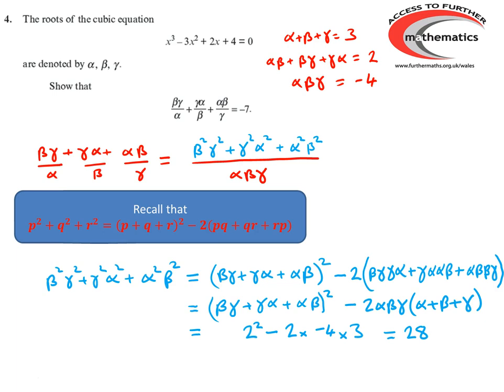So beta squared gamma squared plus gamma squared alpha squared plus alpha squared beta squared is the same thing as 28. So I've got 28 divided by minus 4 equals minus 7 for the value of beta gamma over alpha plus gamma alpha over beta plus alpha beta over gamma.